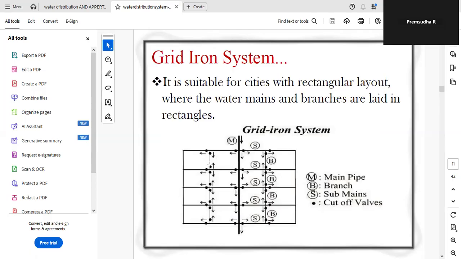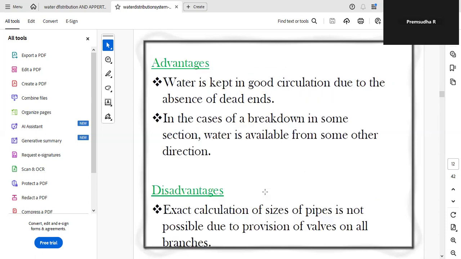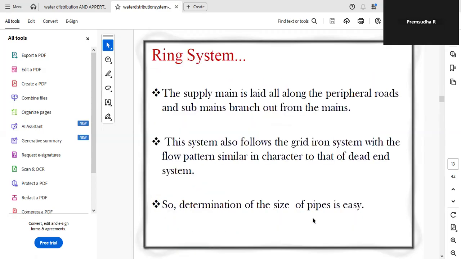You can see there are so many cut-off valves. If you want to do any repair work in this direction, it won't affect the water supply to the other direction. The disadvantage is that exact calculation of size of pipe is not possible due to the position of small branches.